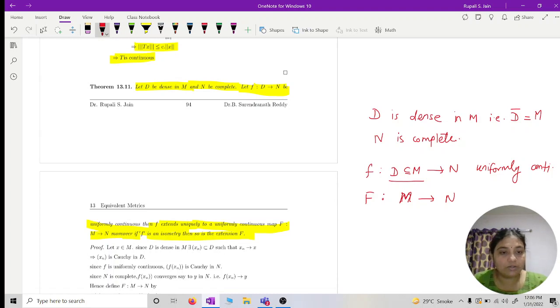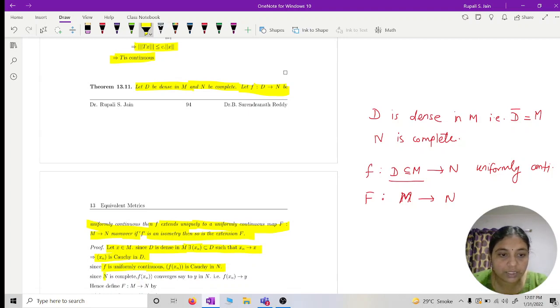Let x belong to M. Since D is dense in M, there exists a sequence xn in D such that xn converges to x. So this implies xn is Cauchy in D. And now F is uniformly continuous, so its image is also Cauchy in N, right?